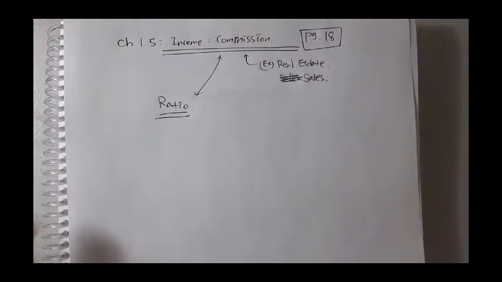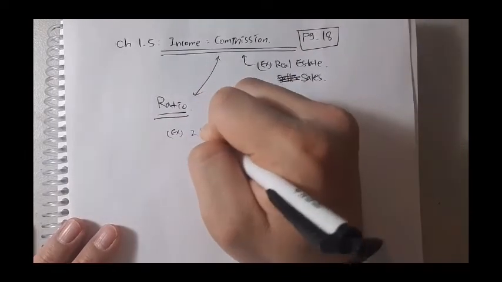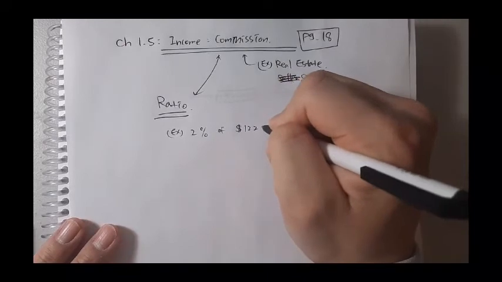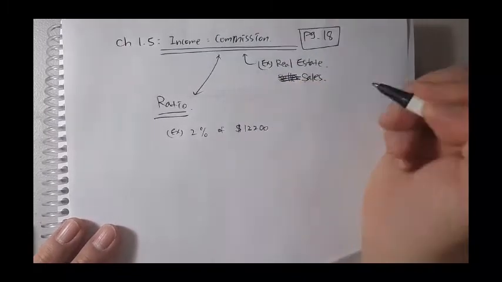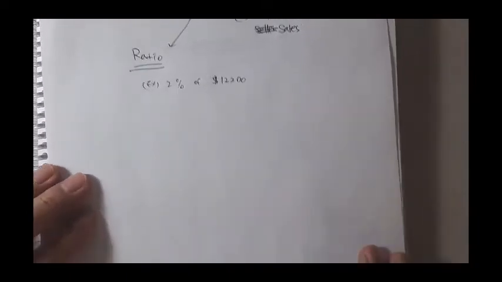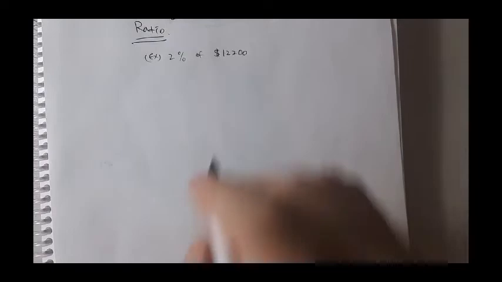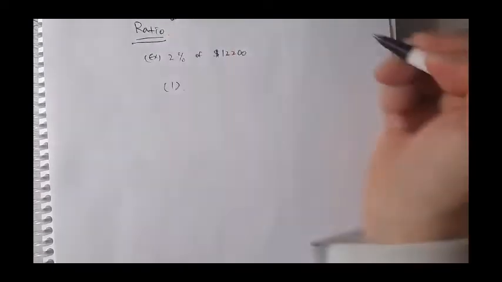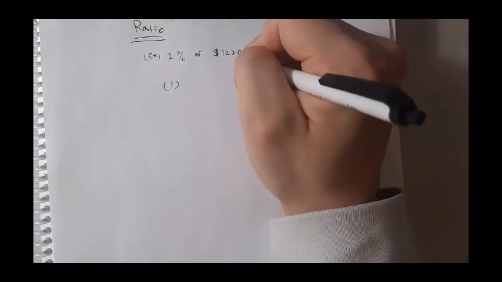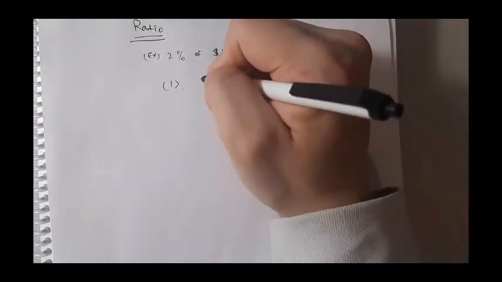So how can you calculate, let's say, 2% of 12,200? There are two different ways that you can solve this simple ratio question. One way is you can find 2% of this.